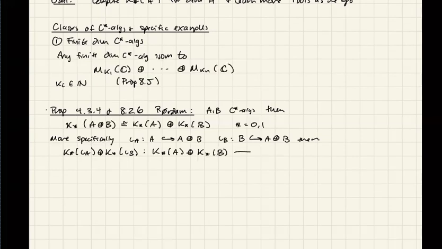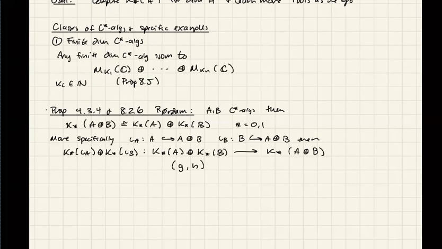But let's actually say how this map is defined. So let's say I am looking at this element (g, h), where g and h represent K0 or K1 classes for our respective C-star algebras.